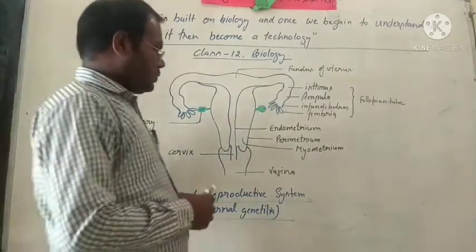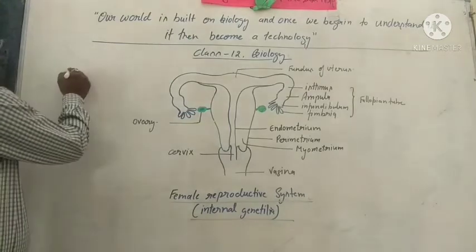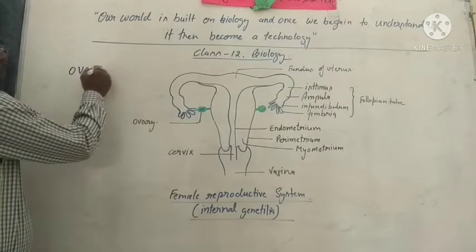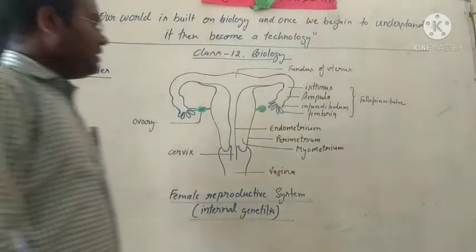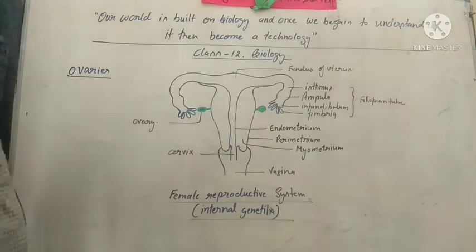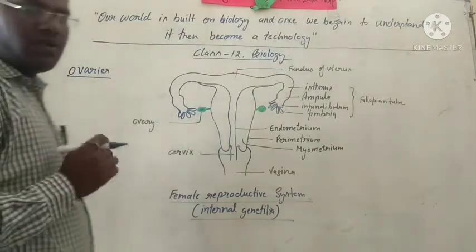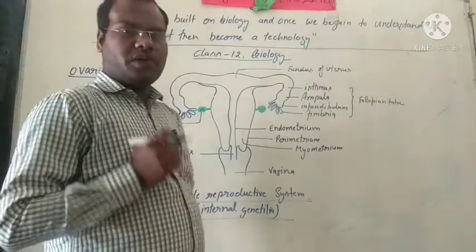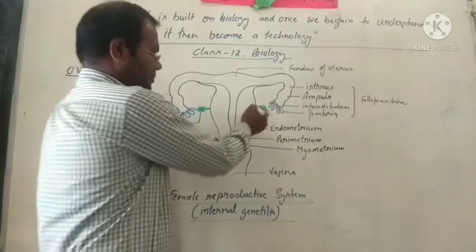First we discuss the ovaries. Ovaries are the primary sex organ of the female reproductive system, and they are oval in shape.